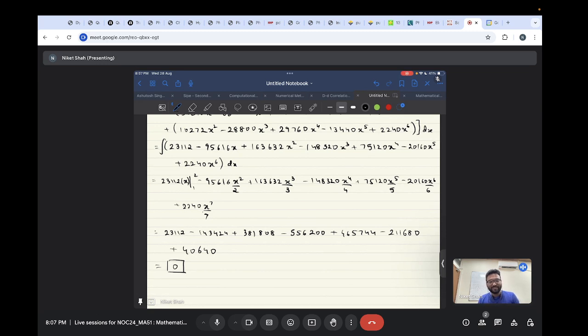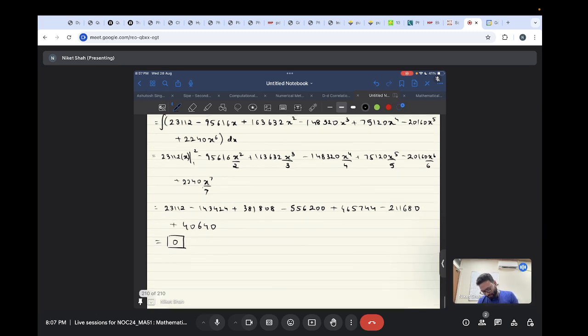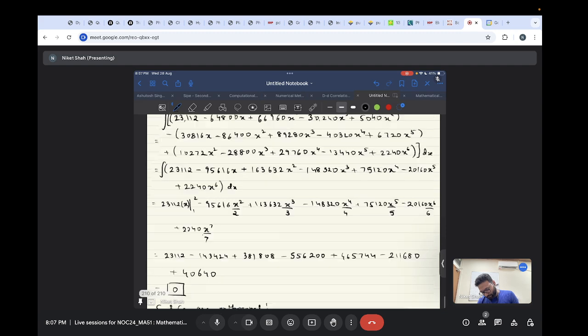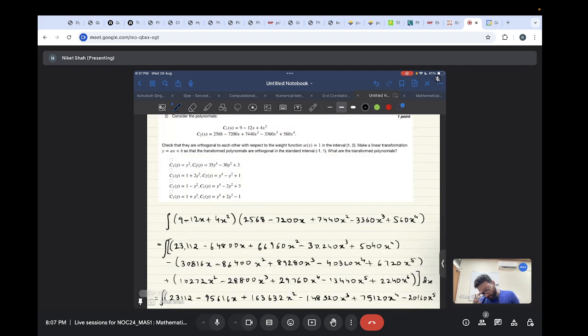After this huge calculation, what we arrive at is that C1 and C2 are orthogonal to each other in the interval 1 to 2 with the weight function w(x) equal to 1.